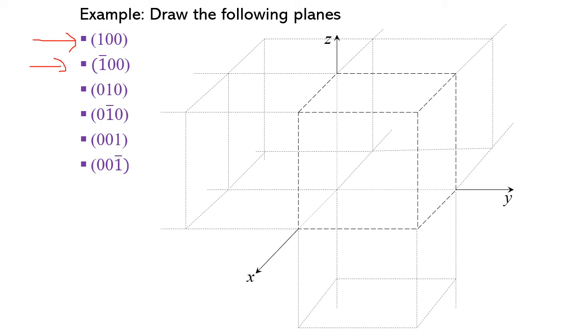1 bar 0 0. So the plane intersects the negative x-axis, actually, at a point 1 unit cell edge length away from the origin. So this is the point that is 1 unit cell edge away from the origin, and the plane is parallel to the y and z axis, or the yz plane.